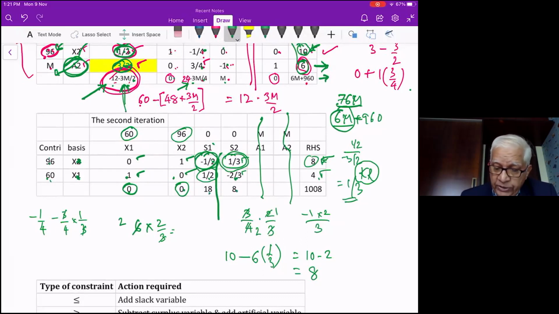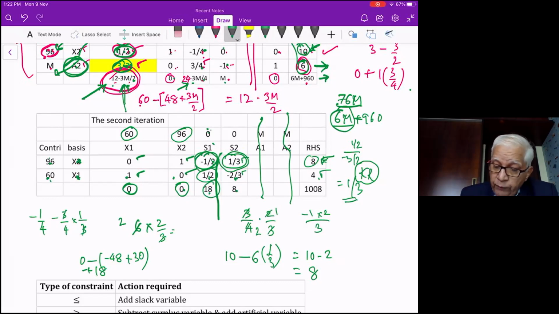How do we get this? 0 at the top, minus 96 multiplied by minus 1 by 2, that is minus 48, 60 multiplied by 1 by 2, that is 30. So what is this? Minus 18, that is plus 18. Okay, plus 18 is what we have got.